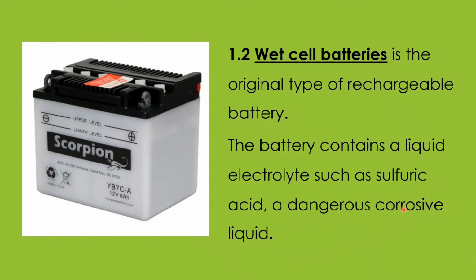That's why it's called a wet cell battery, because it contains a liquid. It is very hazardous to health if this liquid is poured out into the water. The most common example of this is the battery of our very own cars. So that is wet cell batteries.